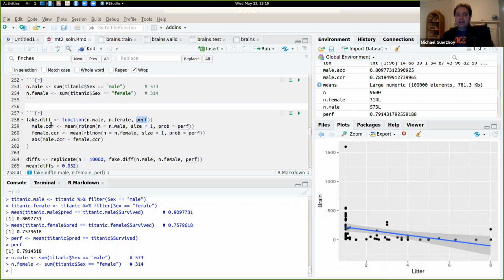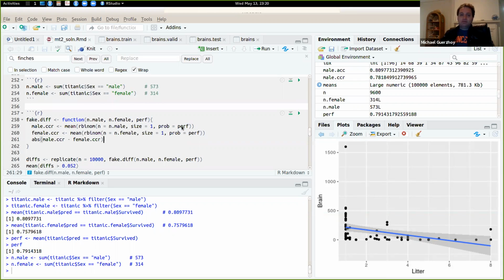Then I generate male CCR and female CCR using rbinom with prob equals perf, where 1 corresponds to correct prediction and 0 corresponds to incorrect prediction. Perf is the probability of a correct prediction, because if my probability of correctly guessing is 90%, then the CCR is going to be 90%.